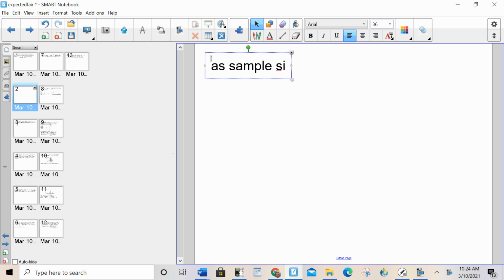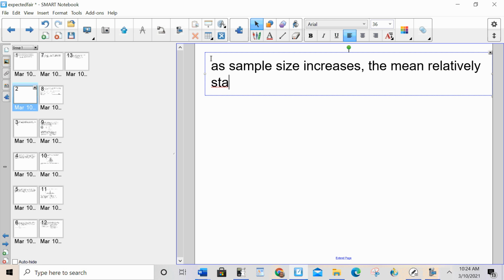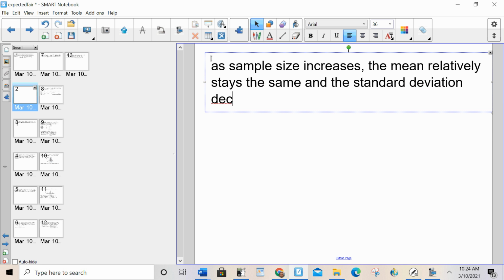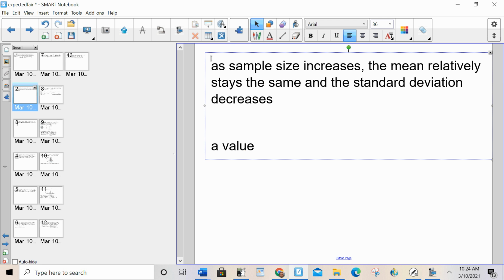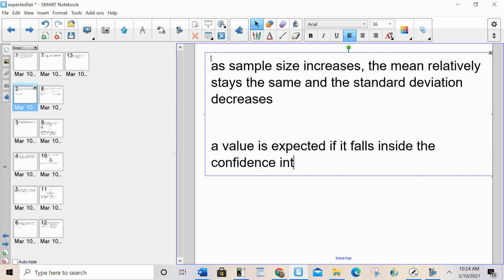As sample size increases, the mean relatively stays the same, and the standard deviation decreases. We said that the value is expected if it falls inside the confidence interval.